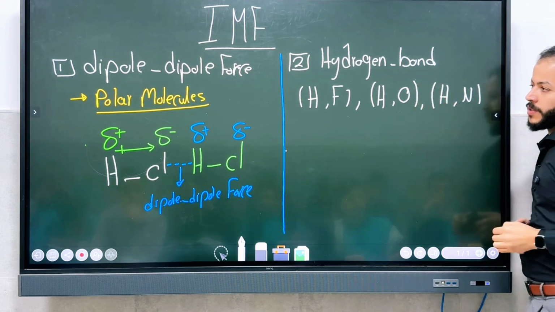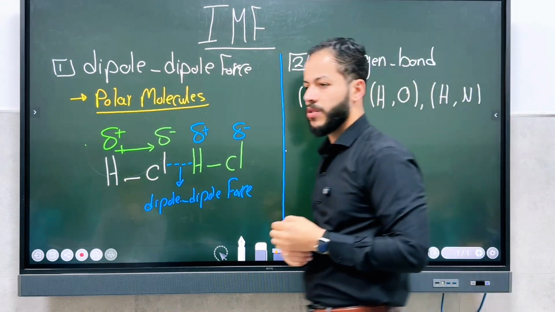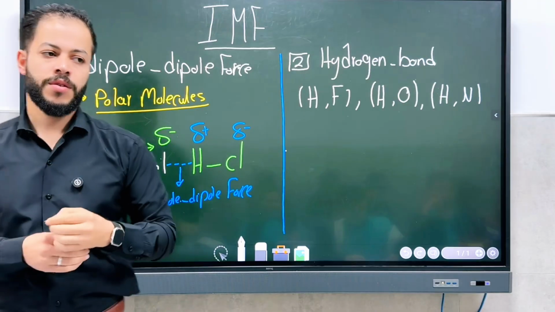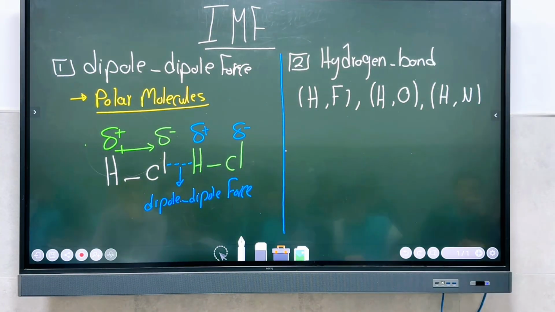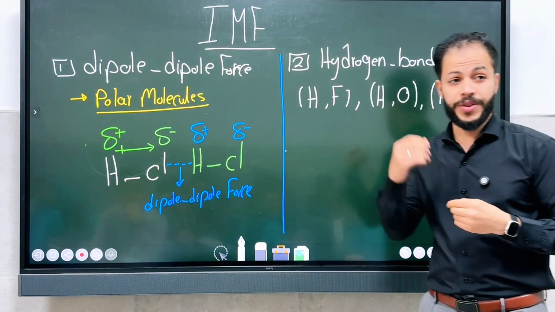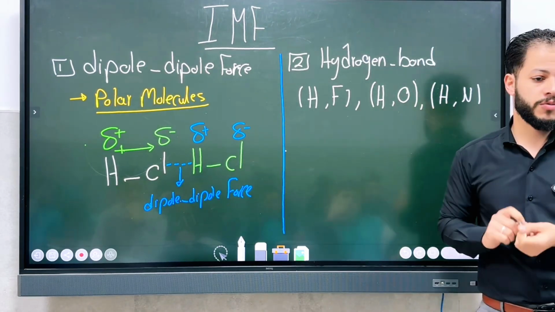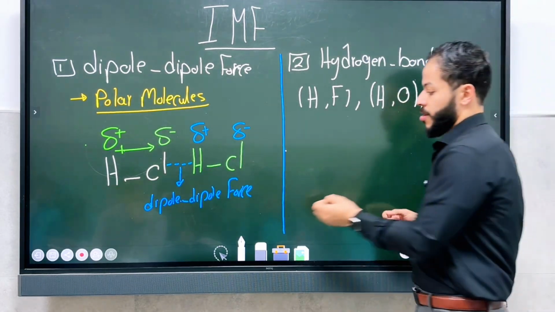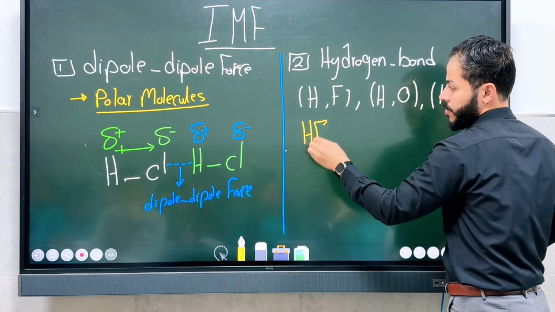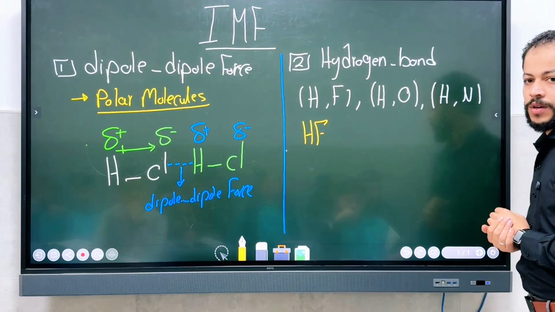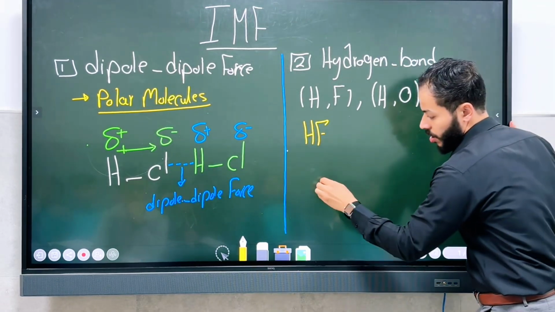Only these three? Yes, only these three examples that you have to study in this section. You don't have any more. The first example of the hydrogen bond, and I want you to predict the position of the intermolecular attractions. Here we will take hydrofluoric acid, HF, as an example. I will draw the molecules like this.